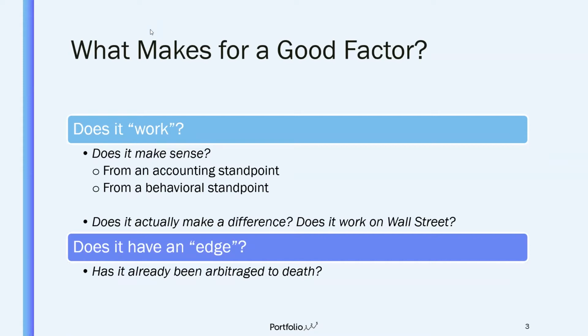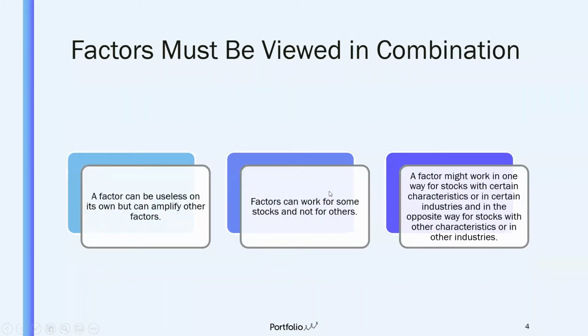So it's hard to tell when a factor has been completely arbitraged, but it's something you want to think about when you're thinking about what makes for a good factor. A factor that nobody is using, but that actually works, is the kind of factor that will give you an edge.